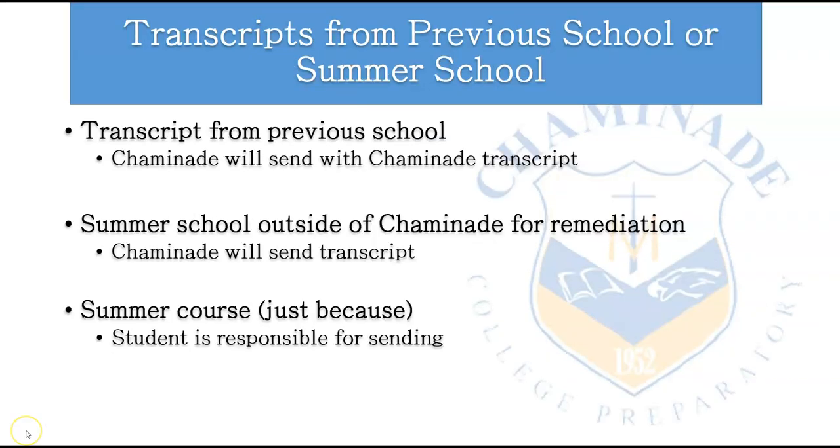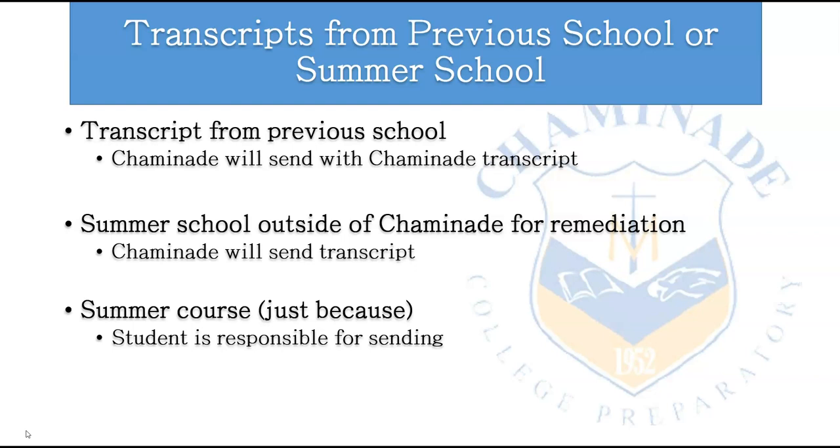For transfer students, please make sure that your counselor has your complete transcript from your previous school. We will scan it into Naviance and send it with your Chaminade transcript. However, sometimes colleges might reach out to you asking for an official transcript, and at that time, you will need to request one from your previous school.